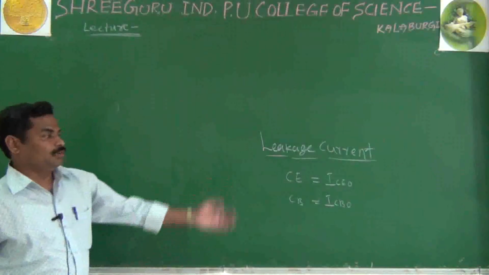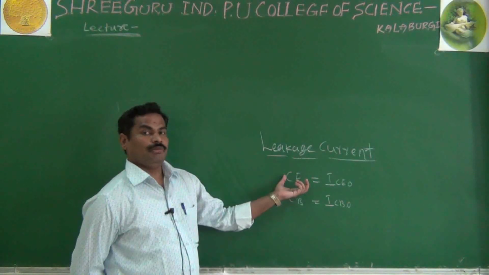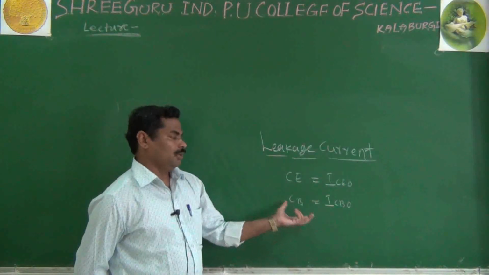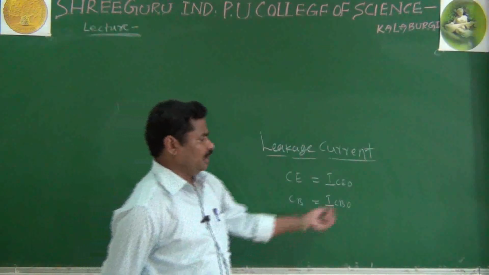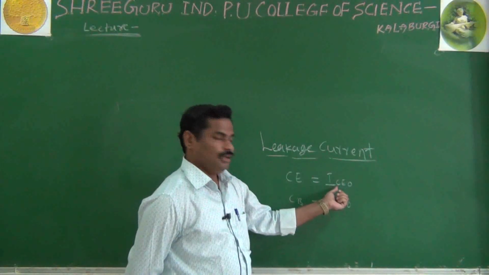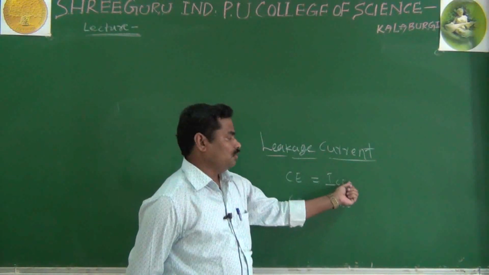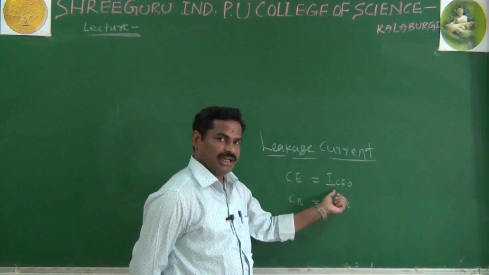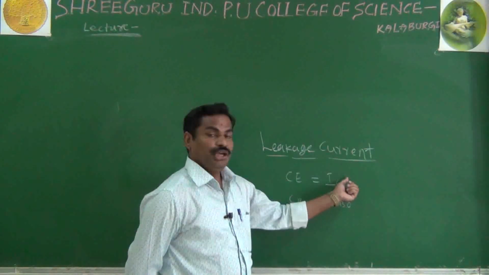You are going into detail about the different configurations. In your common emitter configuration, the leakage current is ICEO, and for your common base configuration, the leakage current is ICBO. Here, ICEO indicates the current moving from the collector to the emitter while the base is open, where the 0 indicates minority current.